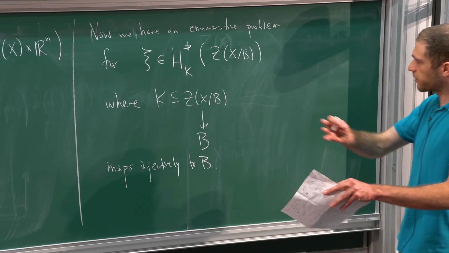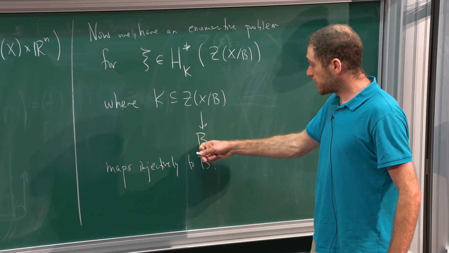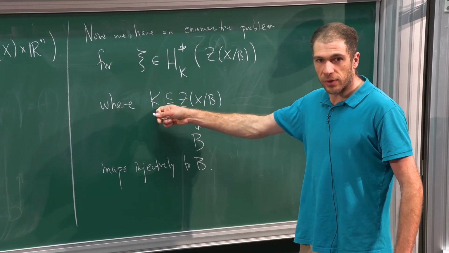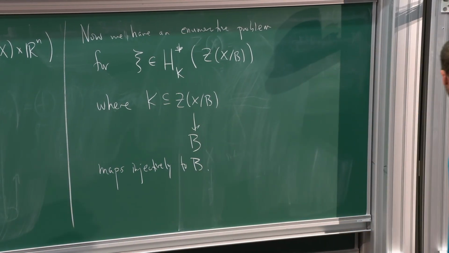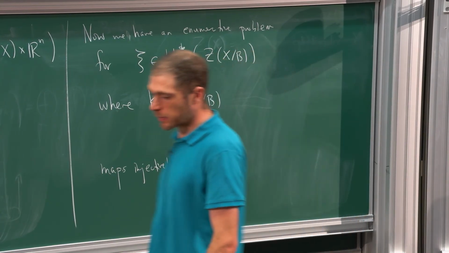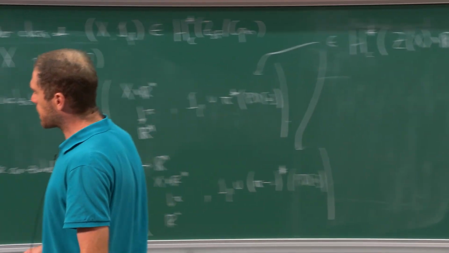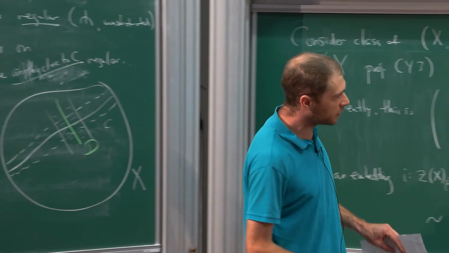So you have a family of threefolds, and at each point in the base, there's at most one curve that we care about. So now it's just a matter of picking up the pieces.